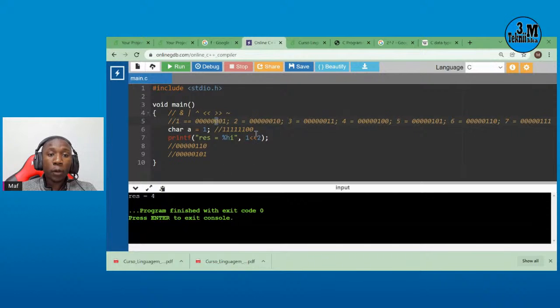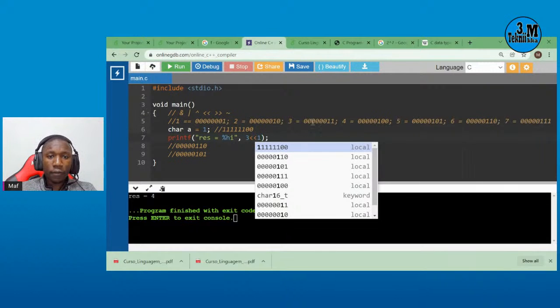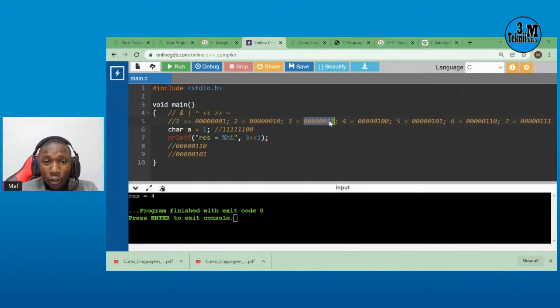For example, if you're shifting the number 3 by 1 to the left, then these 2 bits are going to move to the left 1 position.